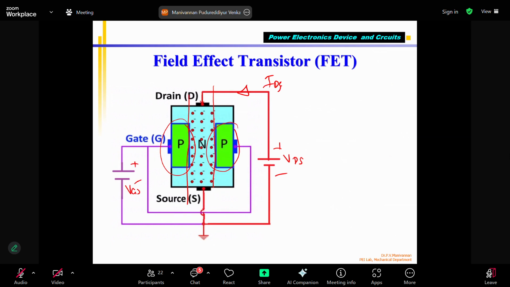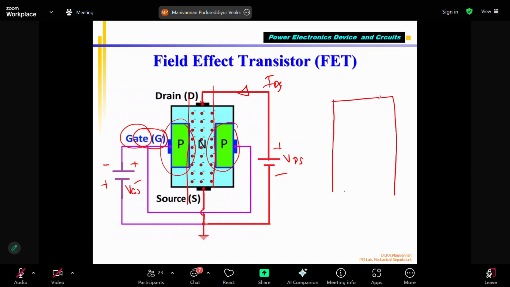Please note that depending upon whether it is N type or P type, the gate voltage can be minus or plus. To control the current IDS, I should change the bias voltage applied to the gate, which is called VGS, with respect to the source. If it is N channel, again, for you to understand quickly, I will draw. So this is an N channel MOSFET.